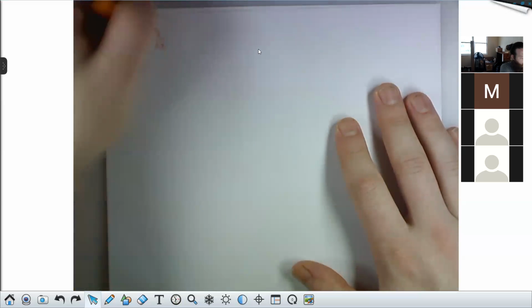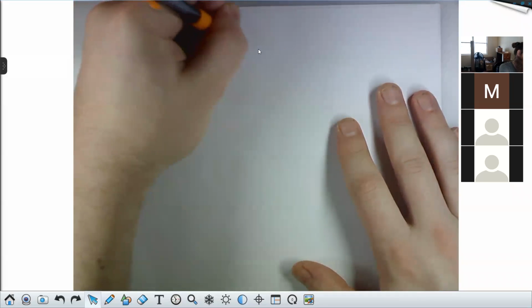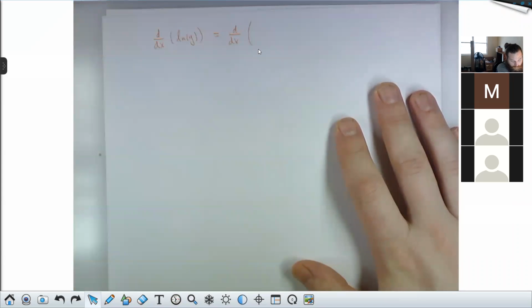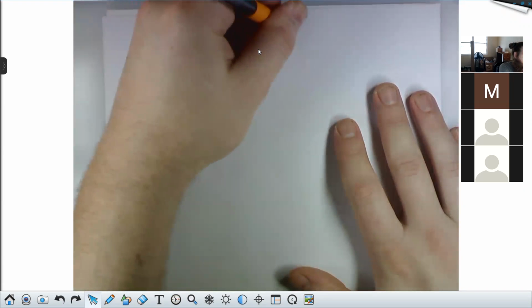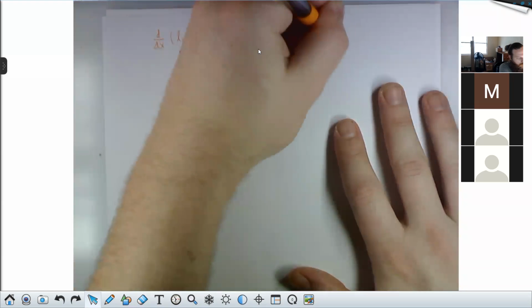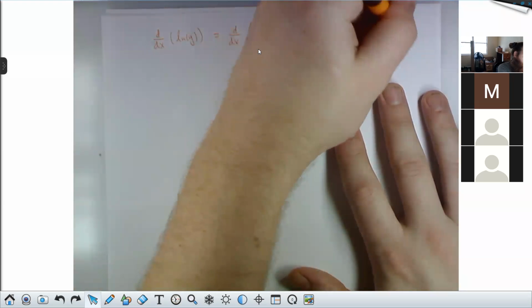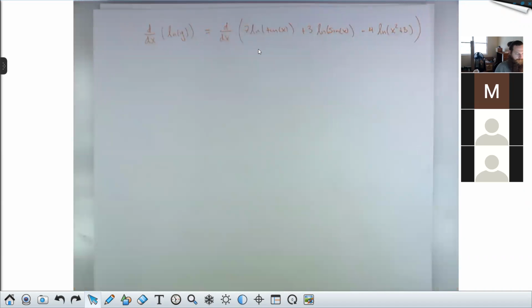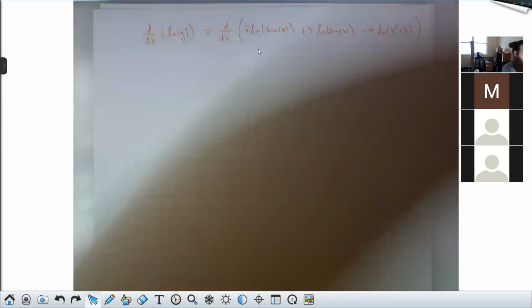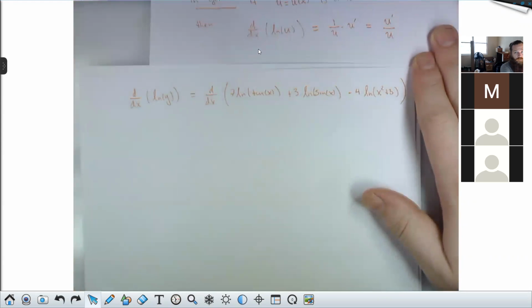I'll have d dx of ln y equals d dx of 7 ln tangent x plus 3 ln sine x minus 4 ln x squared plus 3. Now, we can use this rule.